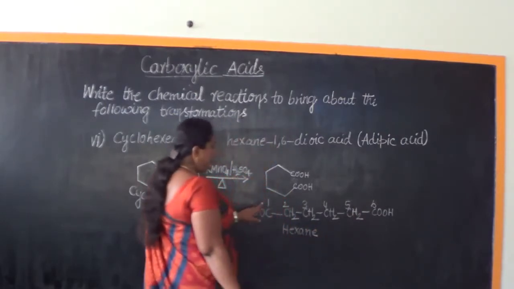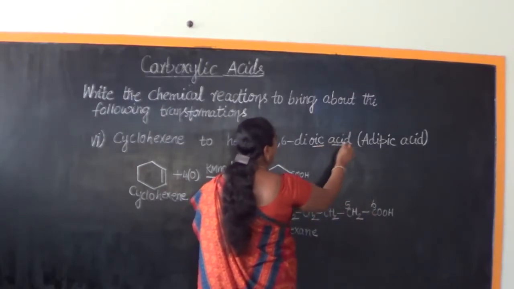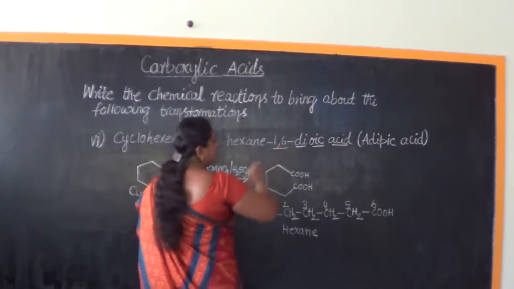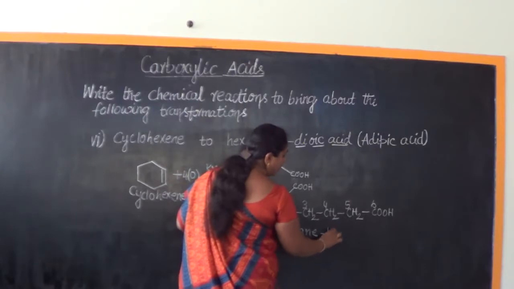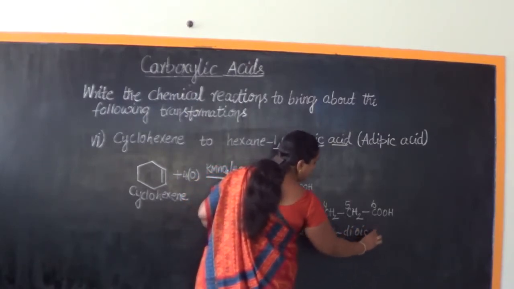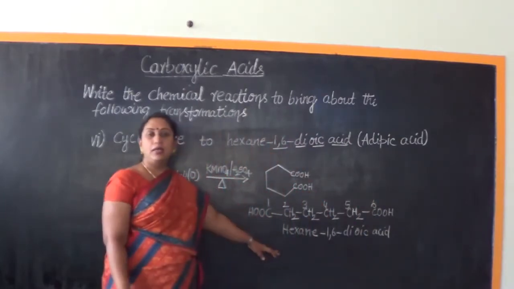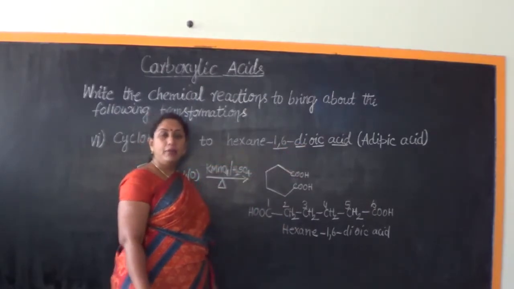Then what do we see? The first and the 6th carbon atom have the oic acid group, and because there are 2 of them, it is di, present between the first and the 6th carbon atom. So we should call it 1,6 dioic acid. Hexane 1,6 dioic acid, which is commonly called adipic acid.